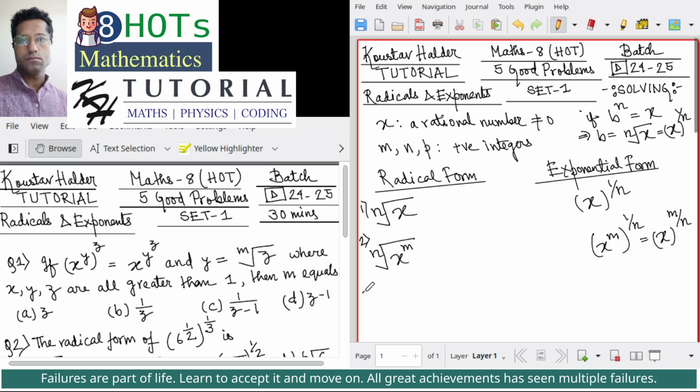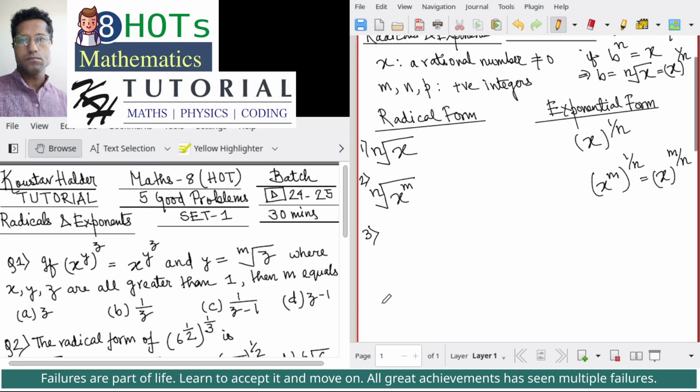Okay, let's see another form. What will be the nth root of the mth root of x. So this is the third one, the radical form is the nth root of the mth root of x, and in the exponential form, first, this is the nth root of something, that is something raised to the power 1 by n.